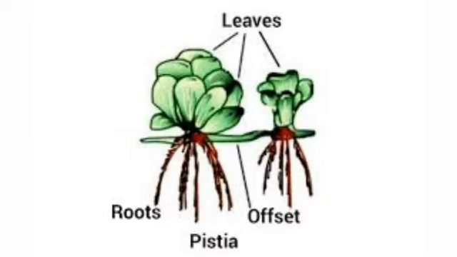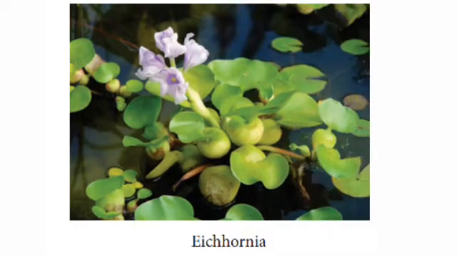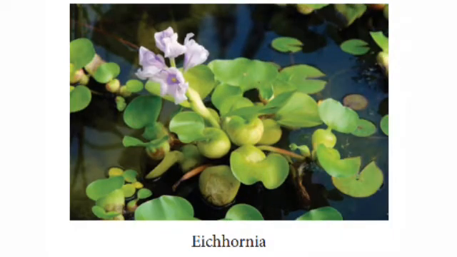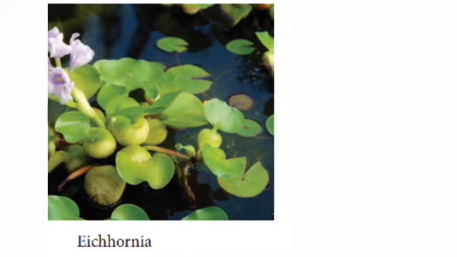In these plants, the stem is reduced to a disc-like structure. Many leaves develop from this stem in a rosette manner. The axillary buds of these leaves develop into offsets. When these offsets break off, they develop into new plants.